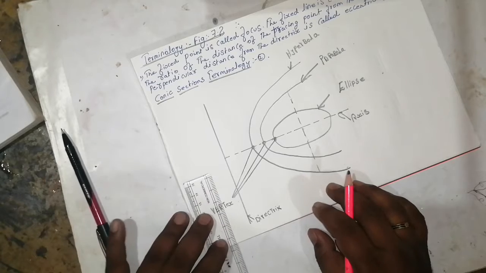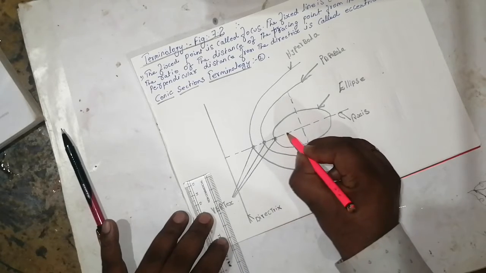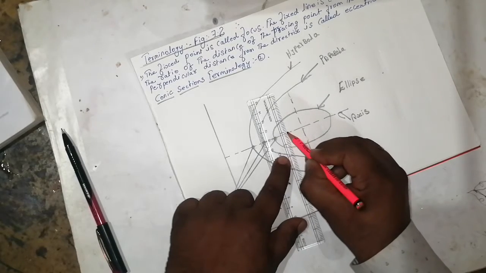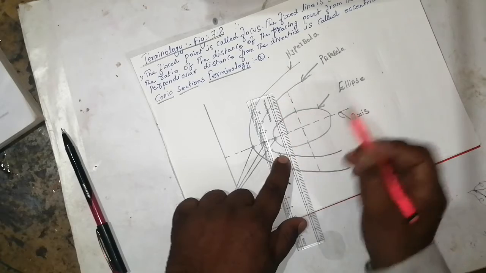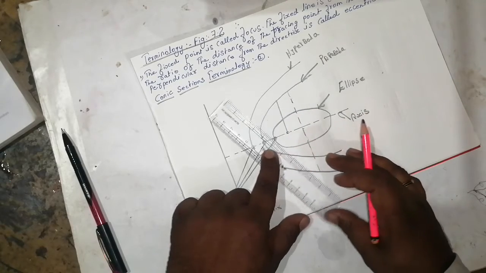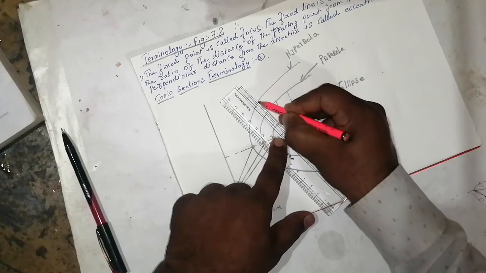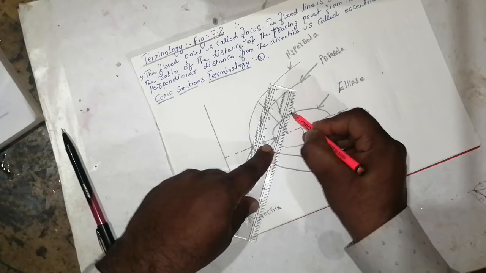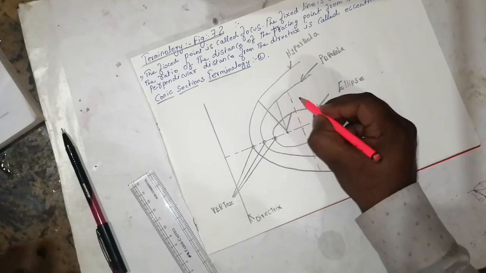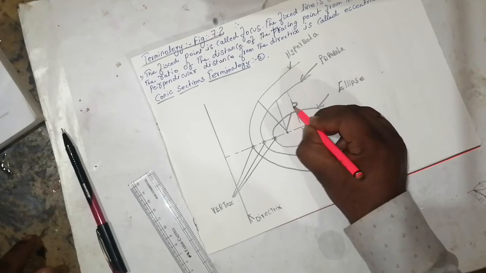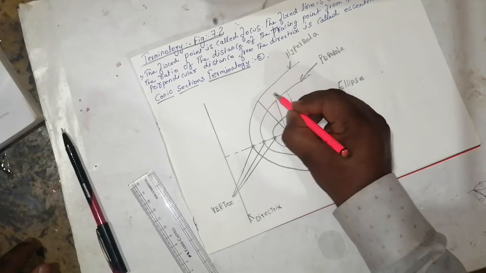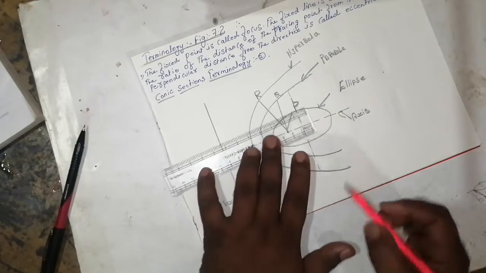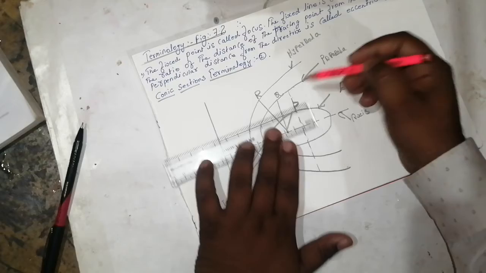So the focus point will come here. So it is joined in the parabola, then again into the hyperbolic. Again the points which are joined, I'm taking this as P, this is Q, this is R, which will coincide with these edges.